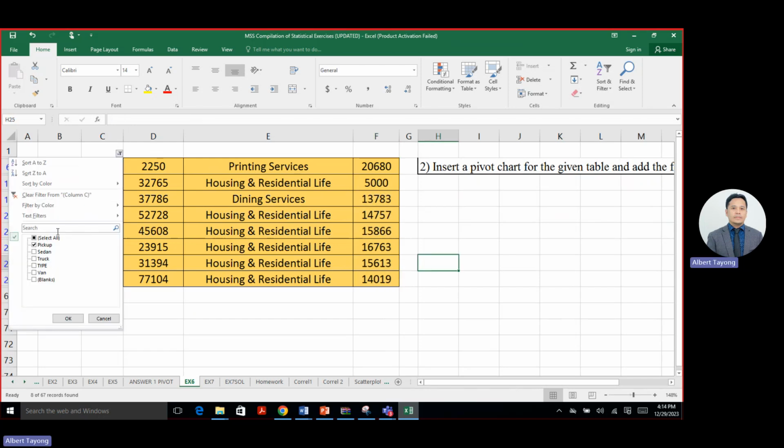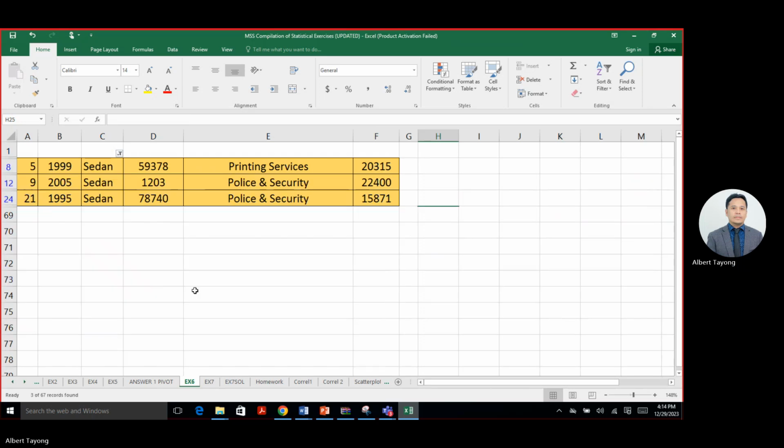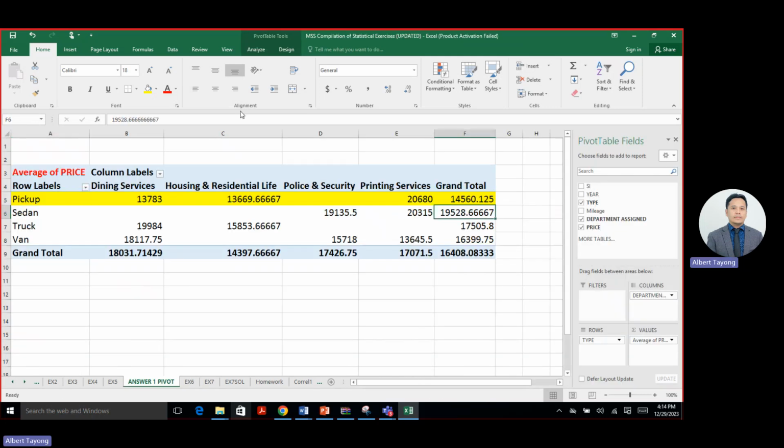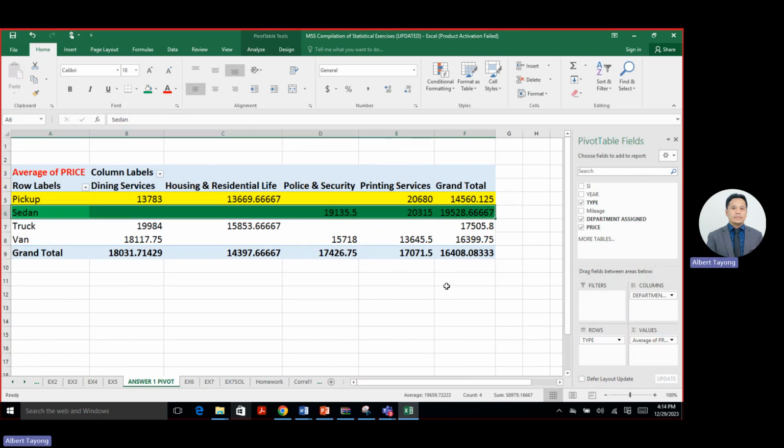Now, if you want to change to sedan, then select, the average is 19,528.666. Then filter again, 19,528. So you can go there and check, see, it is 19,528.666 for sedan.